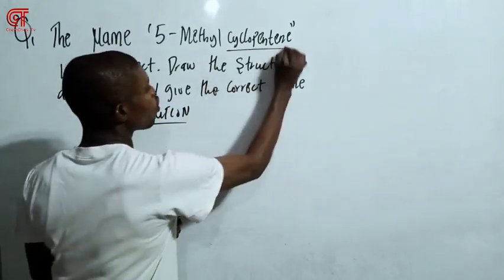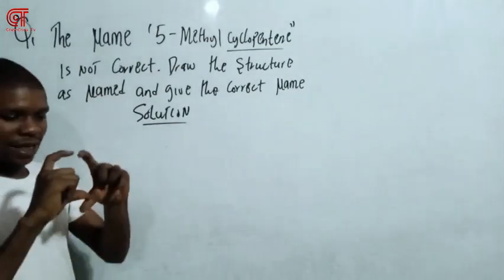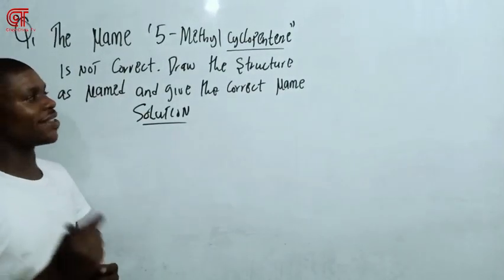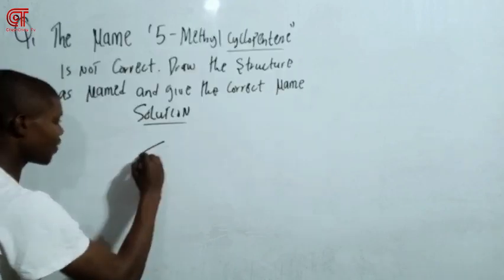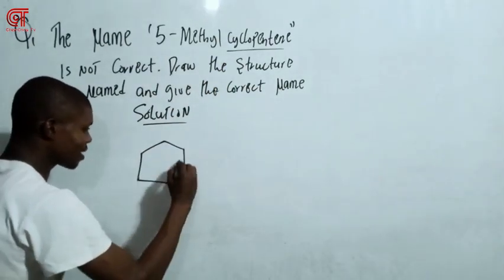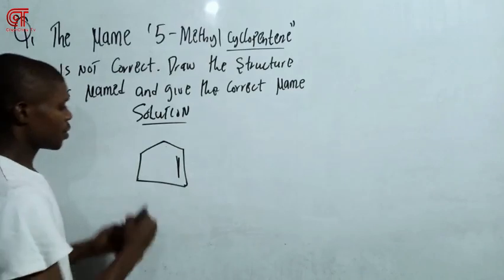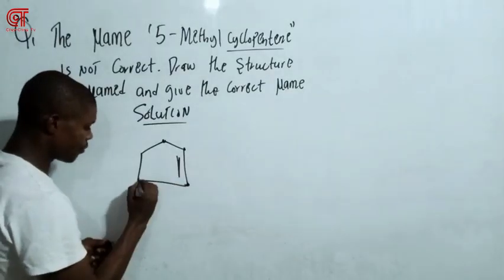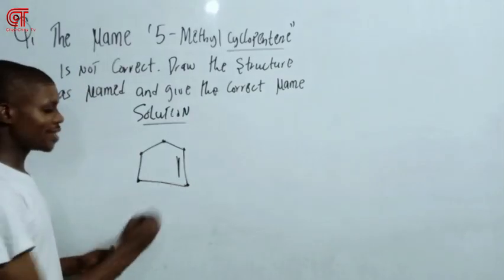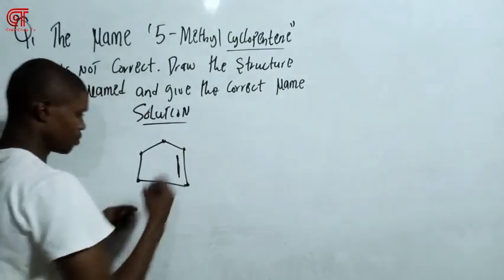Now, it's a cyclo compound. You've got a cyclo compound with a double bond, a cycloalkene. That is 1, 2, 3, 4, 5, with a double bond.